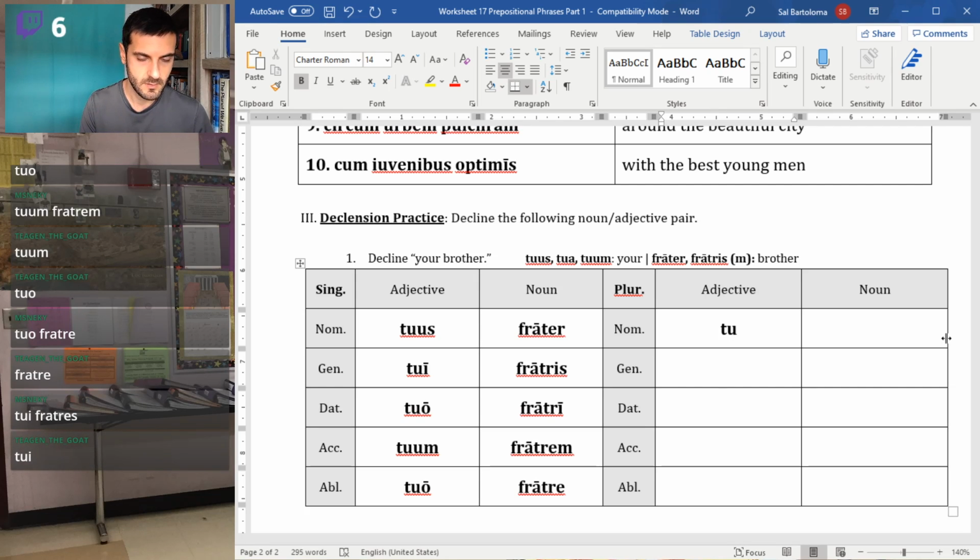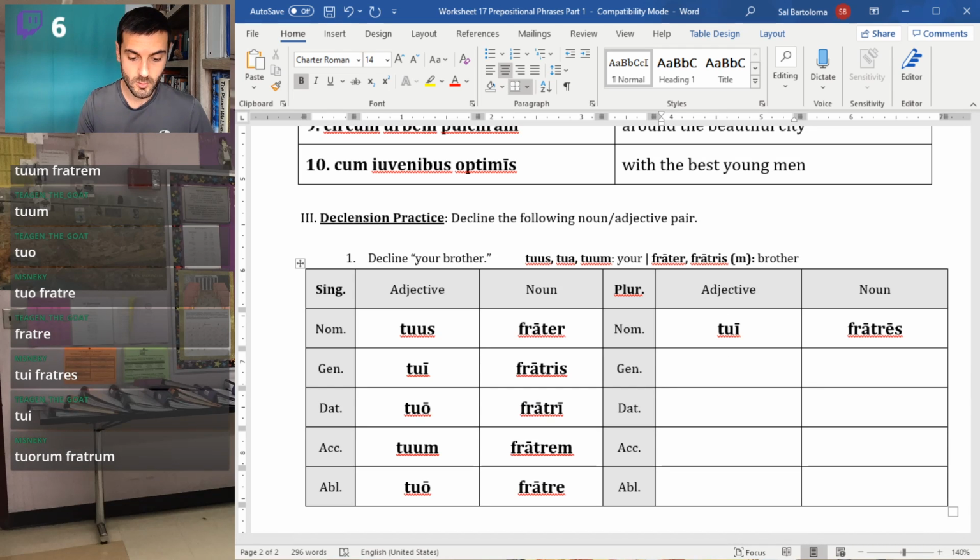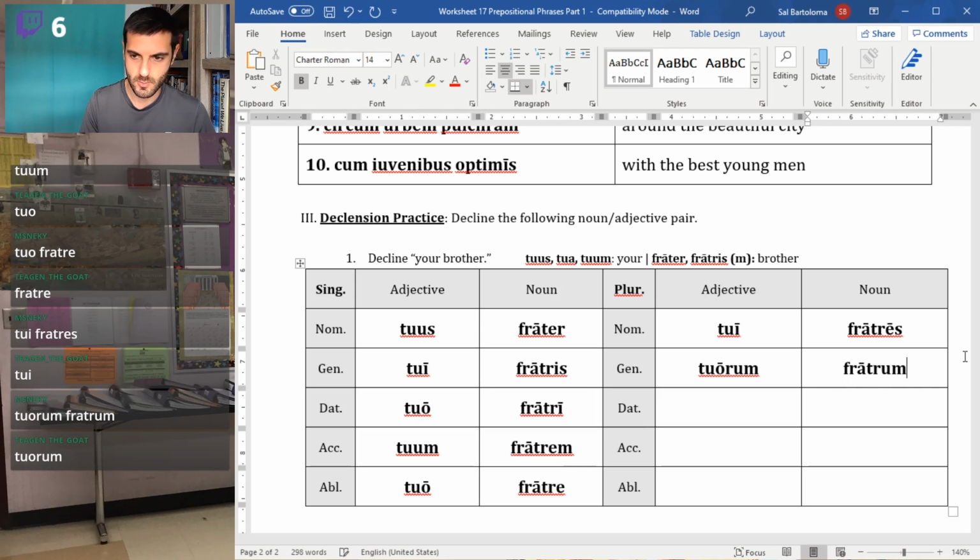Tui fratres. Excellent. Tui fratres. Tuorum fratrum. All right, so orum on the adjective, but just um on the noun because it's third declension.